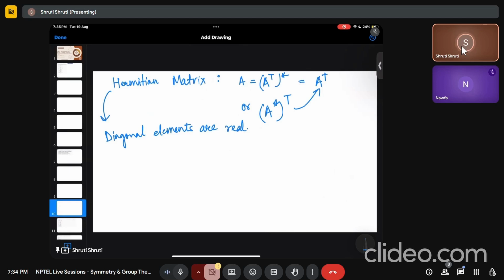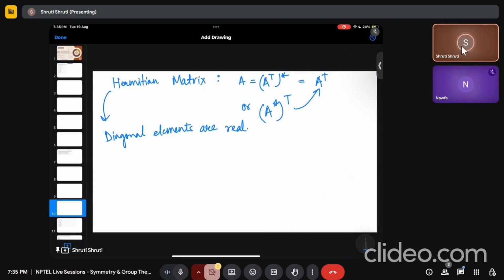Diagonal elements are real. So when we apply these operators on any operand, it gives its eigenvalues, and the eigenvalues are the values which we measure through experiment. So what we measure through experiment must be a real thing, right?